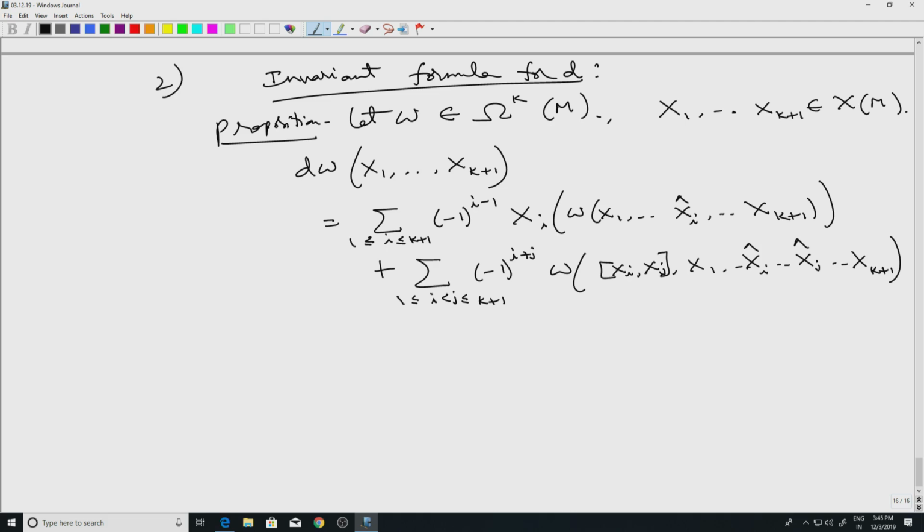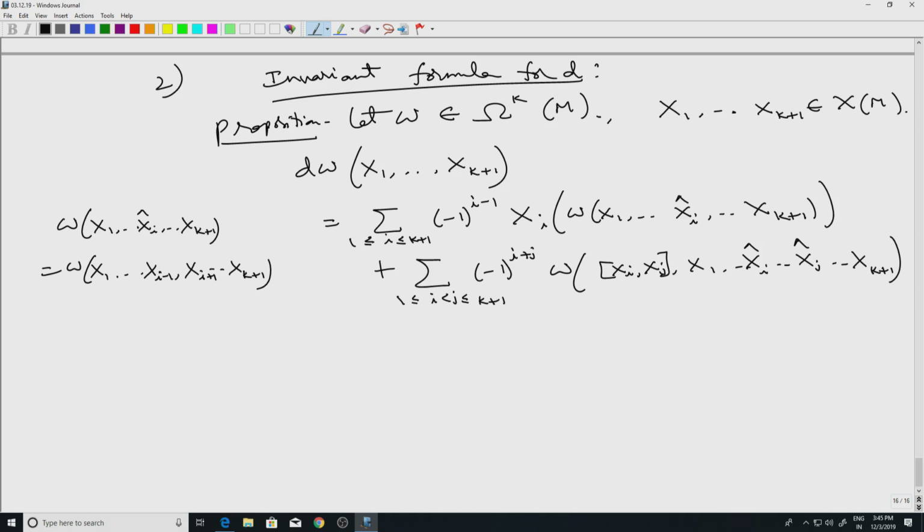So essentially this term, omega of x1, I go all the way up to xi minus 1, but then I jump to xi plus 1, like this. And similarly in the second term, I omit xi and xj.